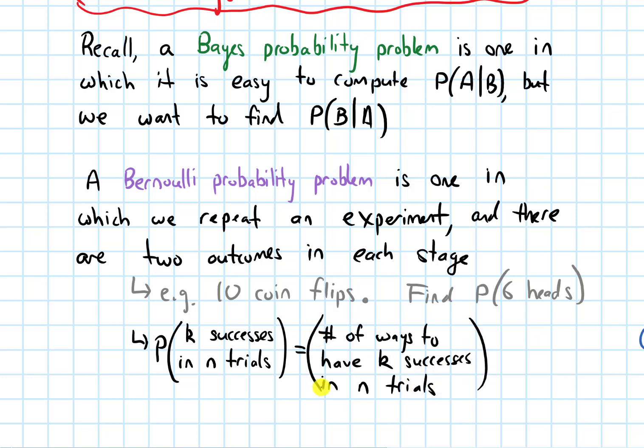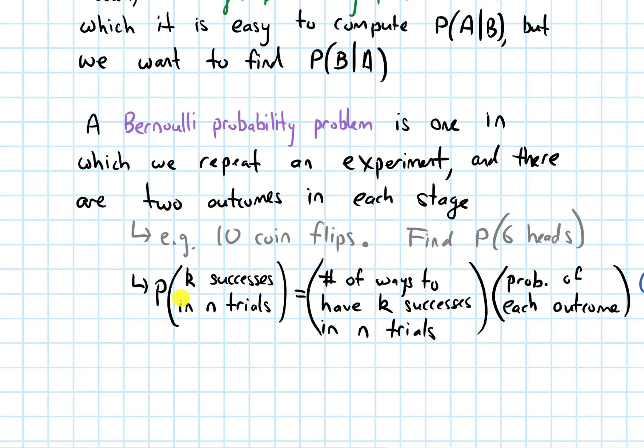And then I also need to multiply this by the probability of each outcome. Okay, and we've seen before that the number of ways that we could have k successes in n trials is n choose k.